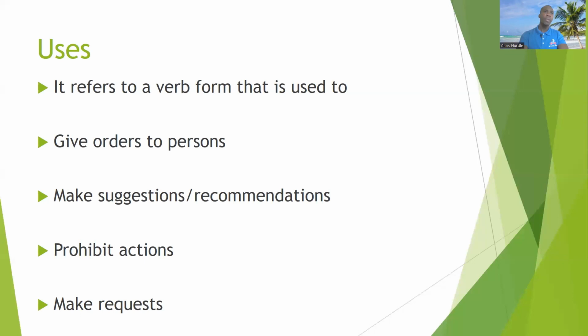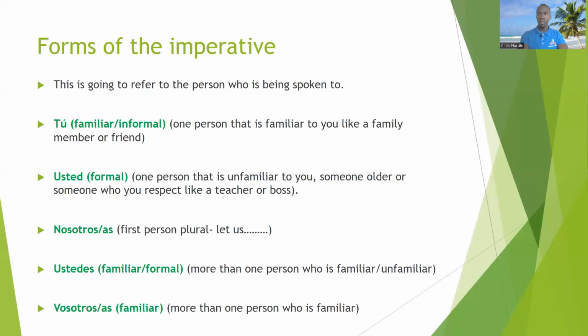Now, of course, when it comes to the persons that we are addressing, that is what we refer to as the different forms of the imperative. Okay? And you're going to see that we have many different forms, and these forms are going to differ in terms of formality and number.